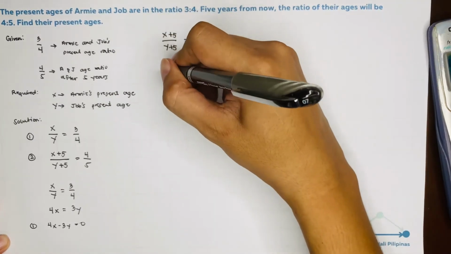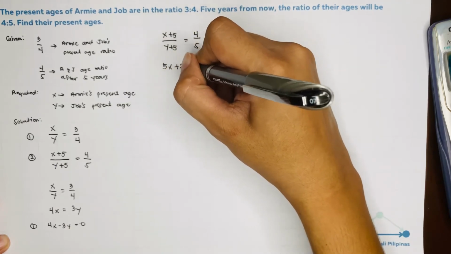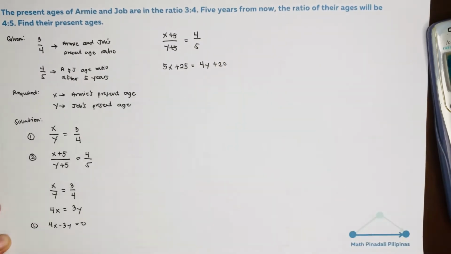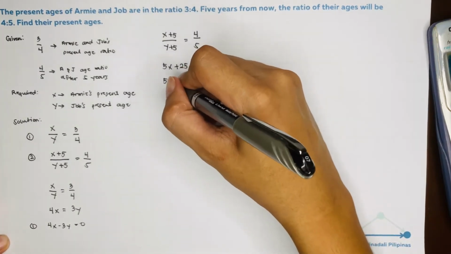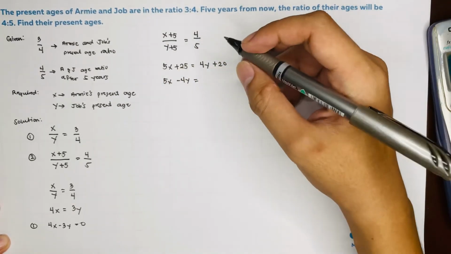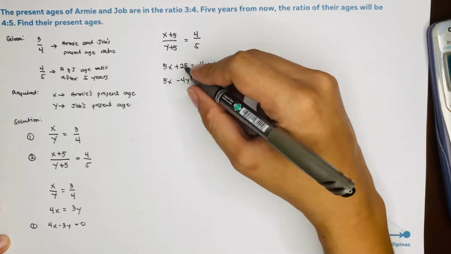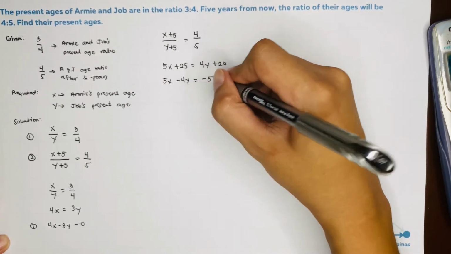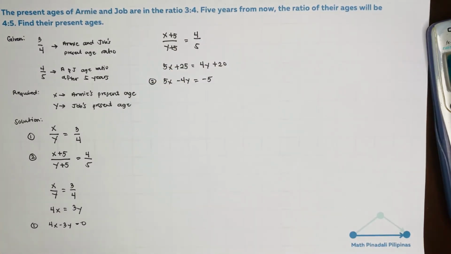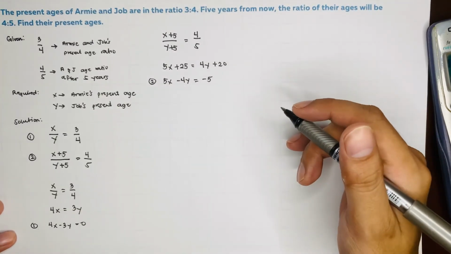Simplifying, we have 5X plus 25 is equal to 4Y plus 20. Writing in standard form, we have 5X minus 4Y is equal to 20 minus 25, negative 5. This is our second equation. Now we have two equations, two unknowns. So we have a system of equations.